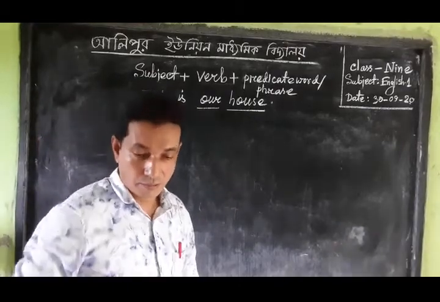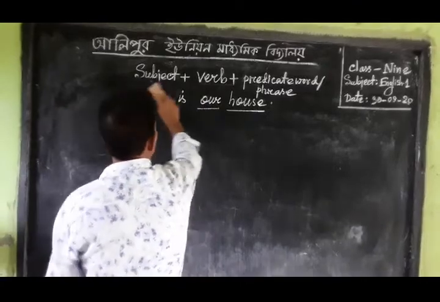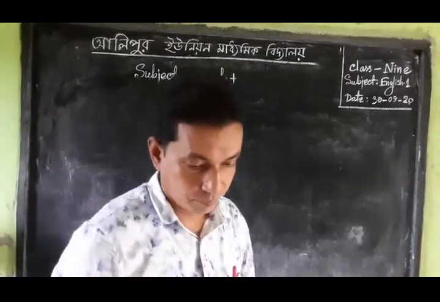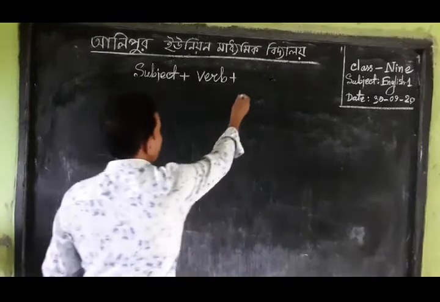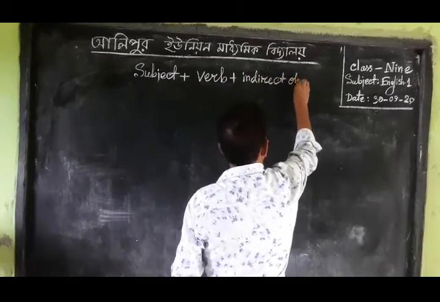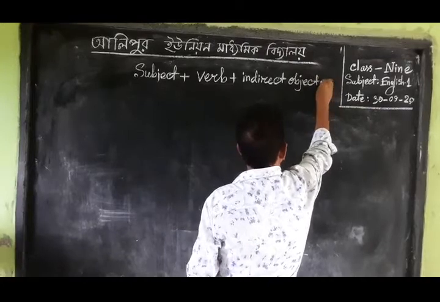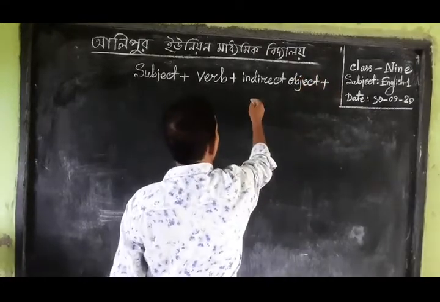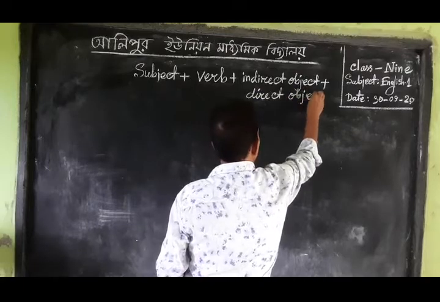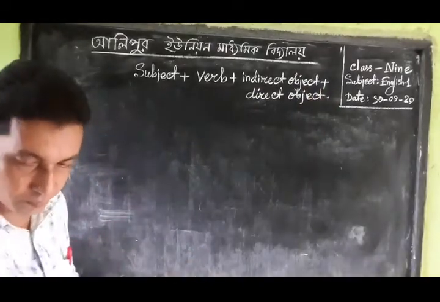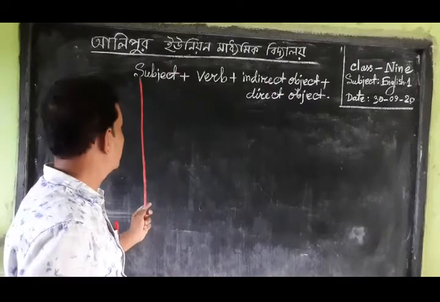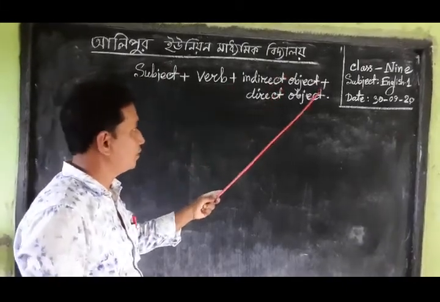Okay, dear learners, our next rule. Dear students, I have written another structure of sentence: subject, verb, indirect object, and direct object.